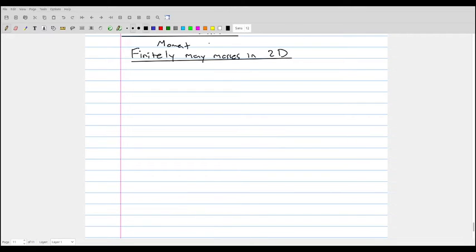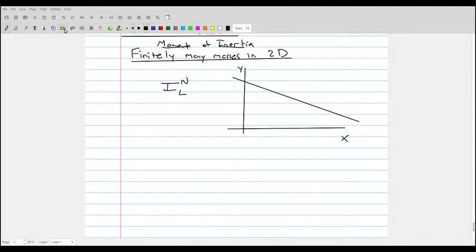So the moment of inertia for finitely many masses in 2D we'll call I_L, and we'll say we have capital N masses, and we have a line in 2D, we call it a line L. So this is going to be the x-axis, the y-axis, or some straight line L. Assume we have, again, a number of different masses all distributed around this line at varying points.